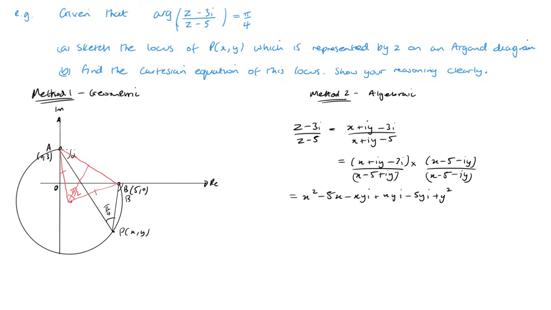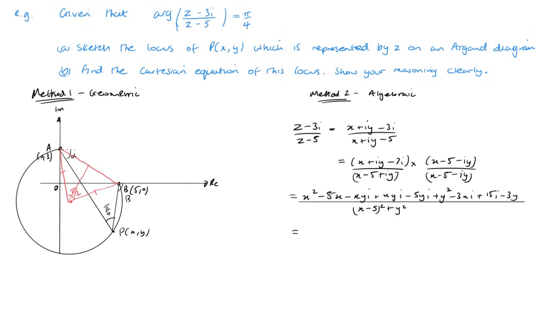And then I've got minus 3xi, plus 15i, minus 3 plus 3y i squared, which is minus 3y. And the bottom will just be x minus 5 squared plus y squared.